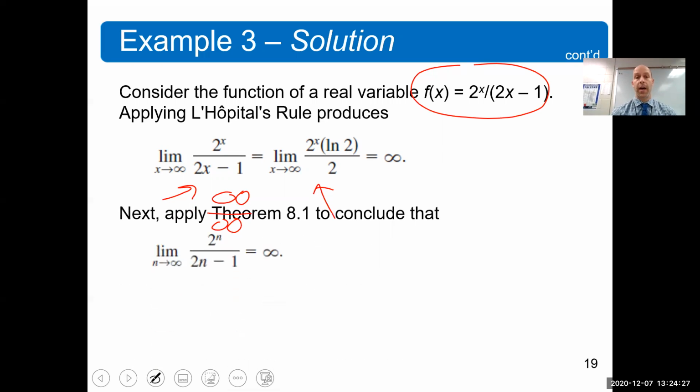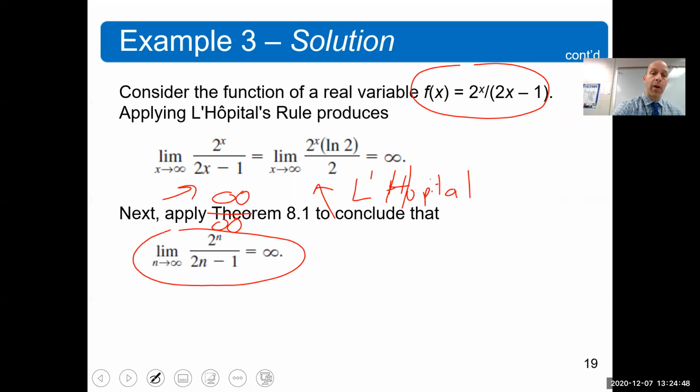Now we can apply theorem 8.1. We've shown that the function goes to infinity, so we can use 8.1 to say that the nth term of the sequence goes to infinity. Therefore, this sequence diverges.